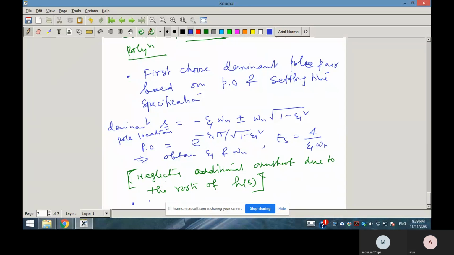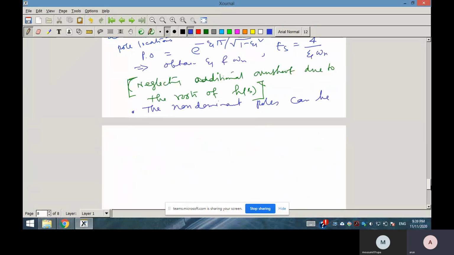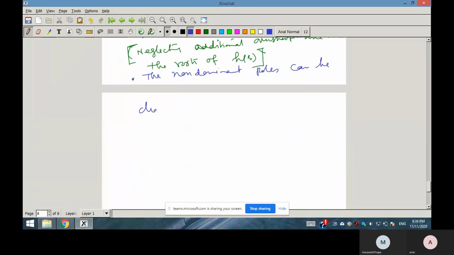So this is about the dominant pole, and now choose the non-dominant poles. The non-dominant poles can be chosen 5 to 6 times away from the j omega axis, that is, 5 to 6 times away from minus zeta omega n in the left half plane.